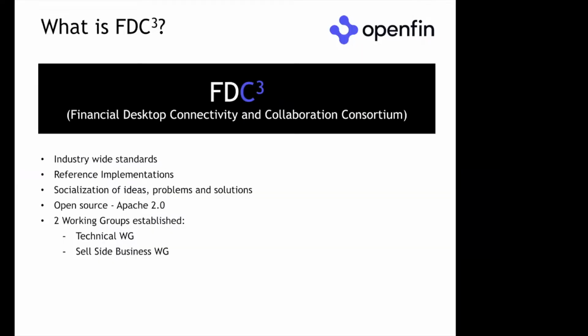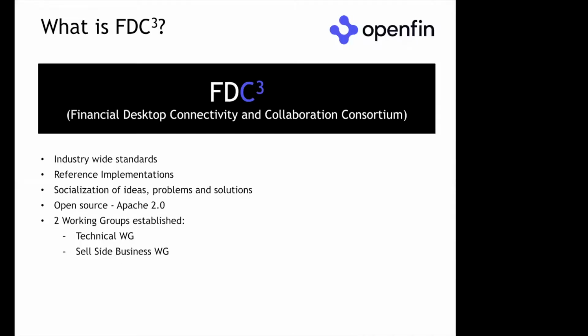As of late, though, we've been collaborating with them on the FDC3, which is the Financial Desktop Connectivity and Collaboration Consortium. It's an initiative you may have heard of as well. At a high level, the goal of the FDC3 is to create some industry-wide standards and provide reference implementation for interoperability on the financial desktop. Everything is fully open source.